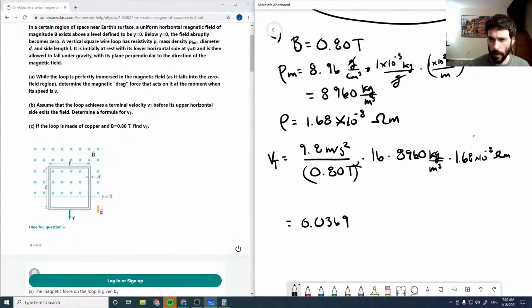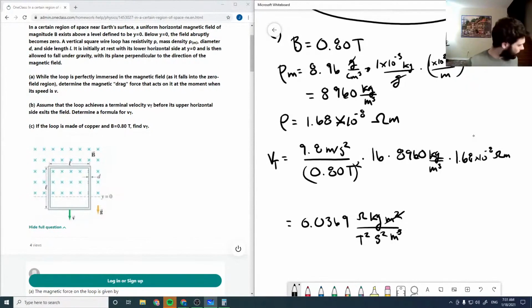And if we're following along here, this would be in ohms, kilograms, meters squared per Tesla squared, second squared, meters cubed. So the meters squared will cancel there.